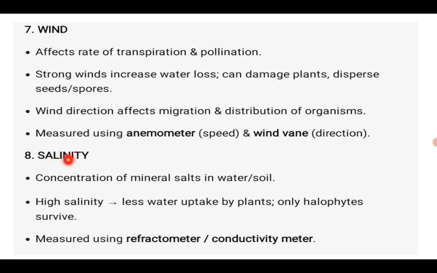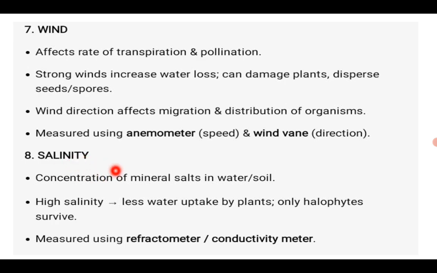Another abiotic factor is salinity, which is saltiness. It refers to the concentration of mineral salts in water or soil. When the water is too salty, there's less water uptake by plants, except plants which are called halophytes. Halophytes are plants that can grow well in salty environments.